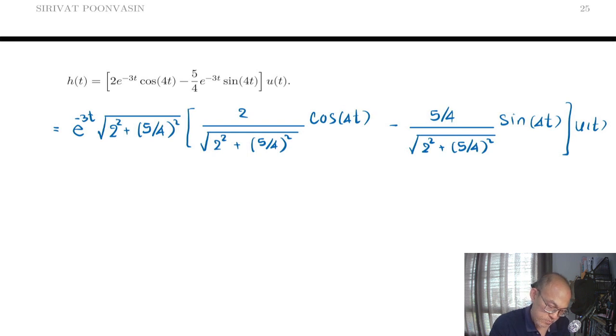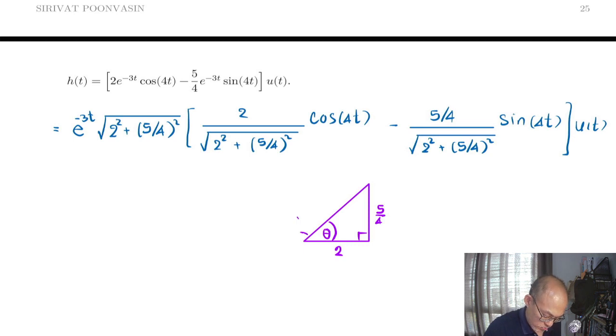Now, notice that I can write down a right triangle. Okay, this is theta. All right, and this is 2. This is 5/4.